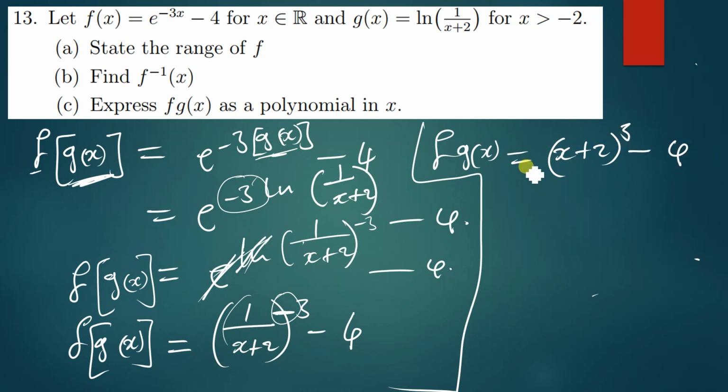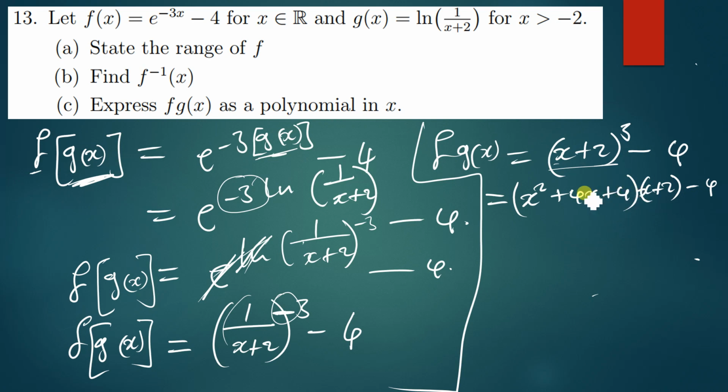So if you want, you can leave it here, or if you want, you can simplify it further by expanding this, and this will be x squared plus 4x plus 4 times x plus 2 minus 4.